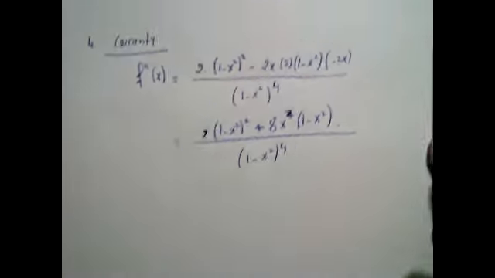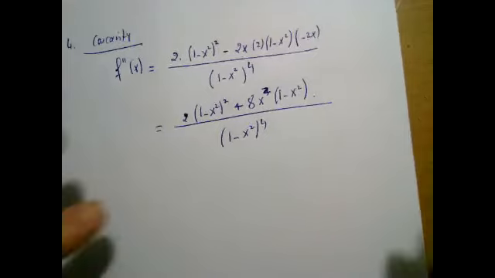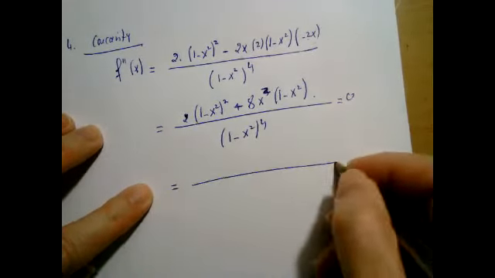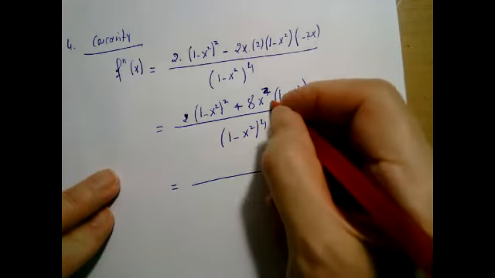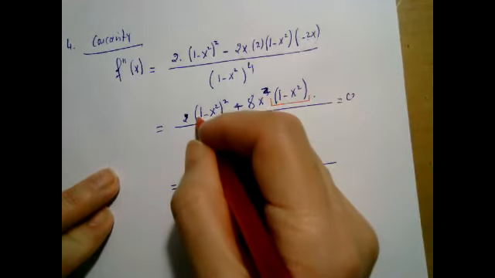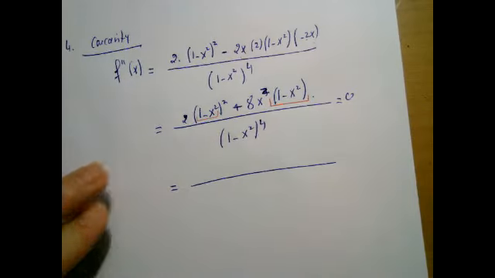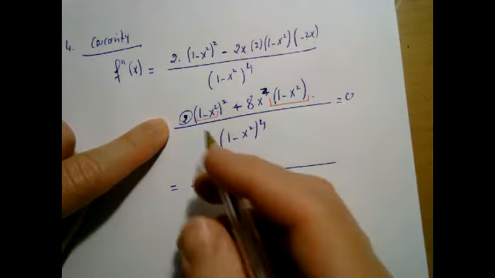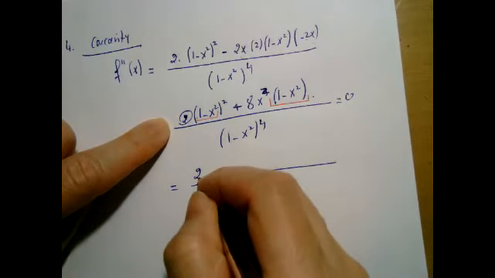Now how am I going to set this equal to 0 and solve? So remember, I need to set this equal to 0 and solve for x. In this problem, this 1 minus x squared and 1 minus x squared, I can actually factor it out. And I can factor out this 2.